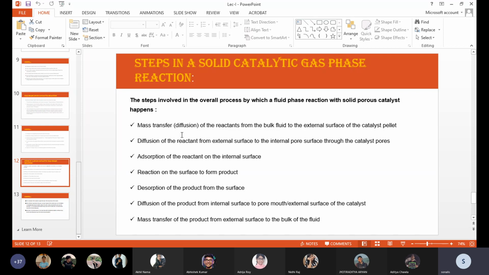The concentration of the reactant in the bulk phase is almost equal to the concentration of the reactant on the catalyst surface, because mass transfer is very fast. So a large amount of reactant molecules are found on the surface of the catalyst. Surface means external or internal, whatever.